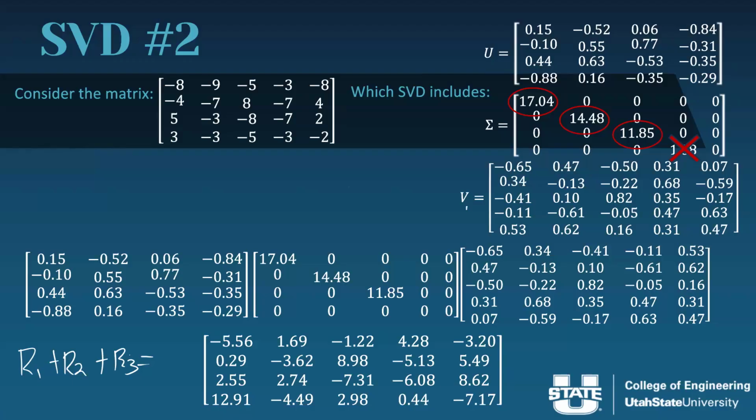What it looks like is when they did this, they didn't transpose V. As you can see, these two are equal, but this is supposed to be V transpose right here. So don't make the same mistake as the slides. Transpose your V. I think there's so much information in this problem.